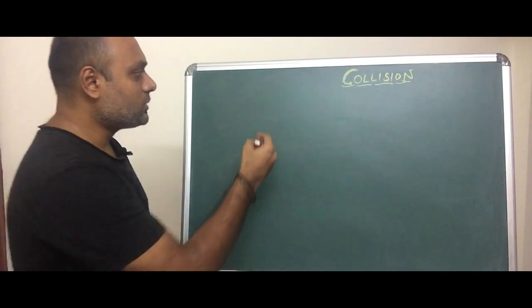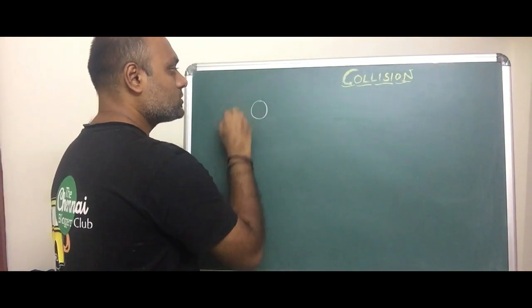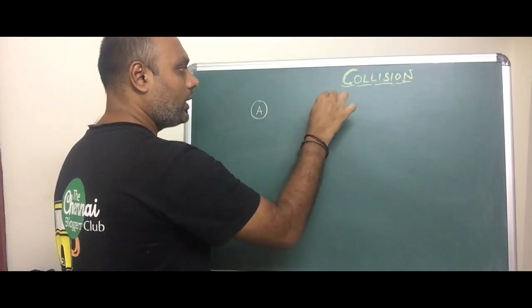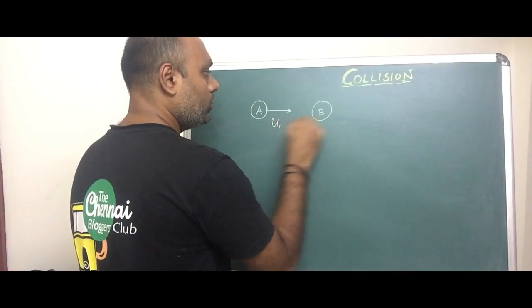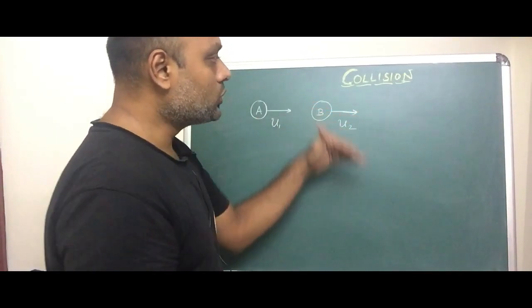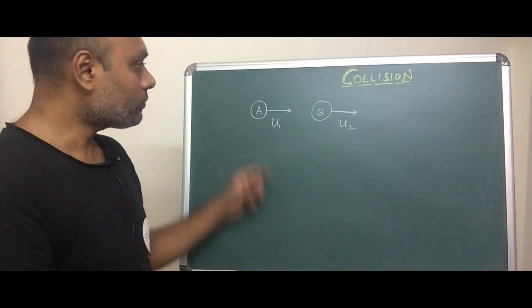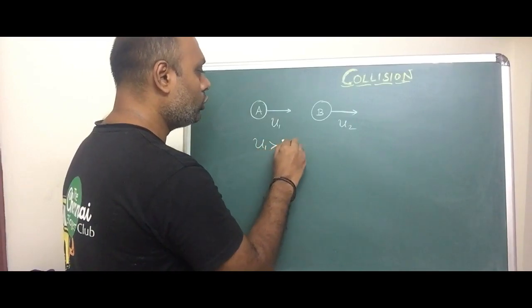So we are going to consider simplistic models. Consider a case like this. That is an object A and there is another object B. A is moving with velocity u1 and B is moving with velocity u2. Now these two come into contact. That would happen provided u1 is greater than u2.